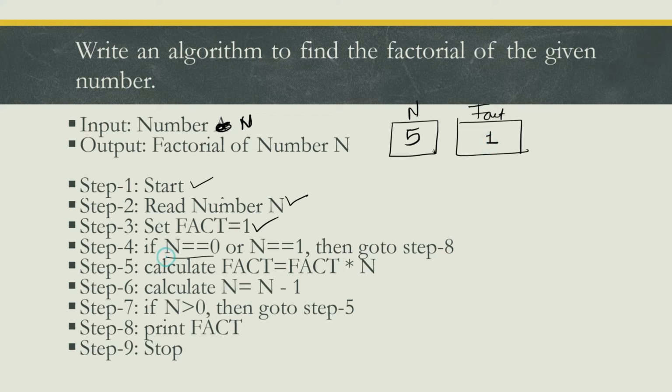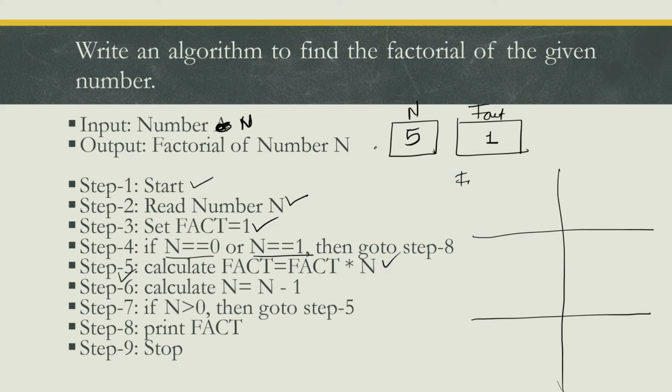You can see n equal to 0, n equal to 1: both conditions become false, so we have to execute step number 5. What is the value of fact? 1. What is the value of n? 5. 1 into 5, 5. The value of fact will become 5.